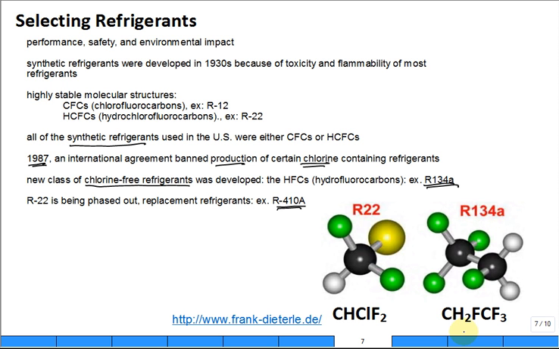So it has a carbon and a carbon, like 2 methanes combined and linked. And it has 2 hydrogens off of one of the carbons, and then a fluorine off, that's a green, and then off the other carbon, 3 fluorines, 3 greens. I'm not a chemist, but there you go. So there are different makeups of these synthetic refrigerants.